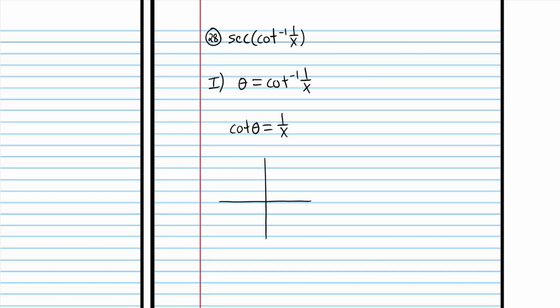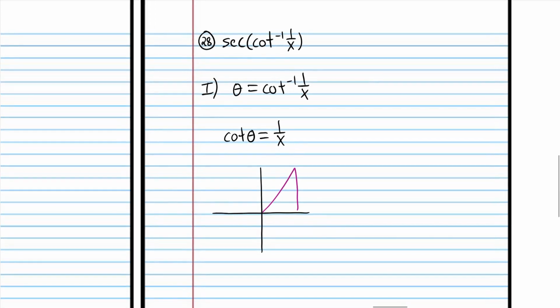And then we can draw our triangle, which is always going to be in the first quadrant because x is assumed to be positive, and the cotangent inverse function is restricted to values between 0 and 180. So we'll make this angle theta, and we're told that cotangent theta is 1 over x, so that's the adjacent side over the opposite side.